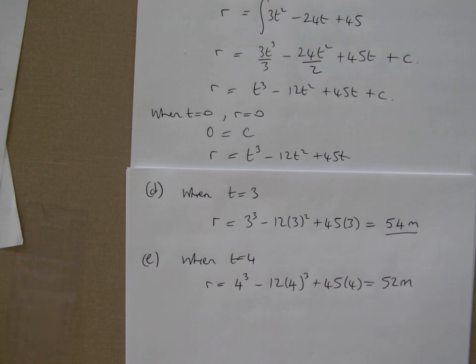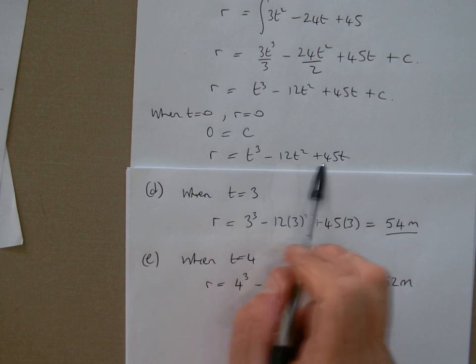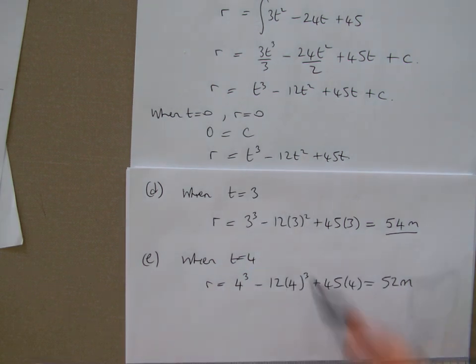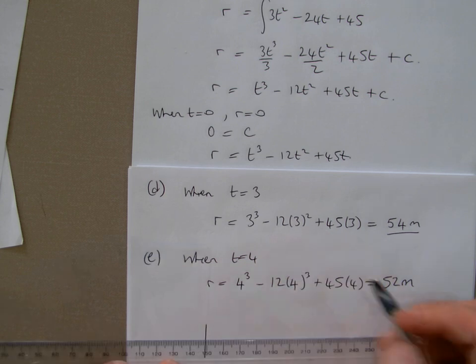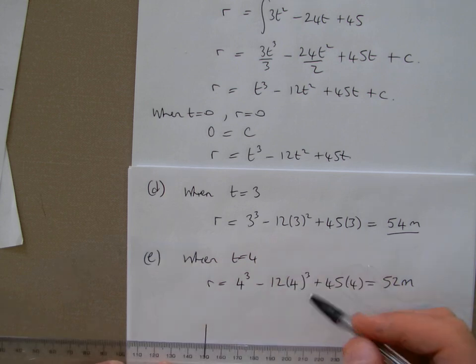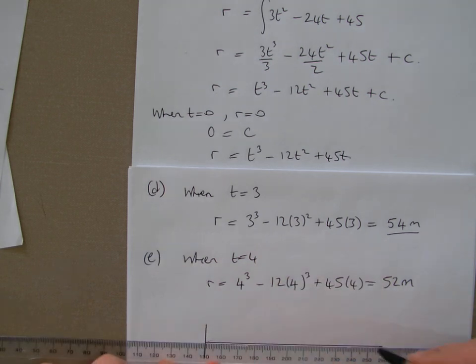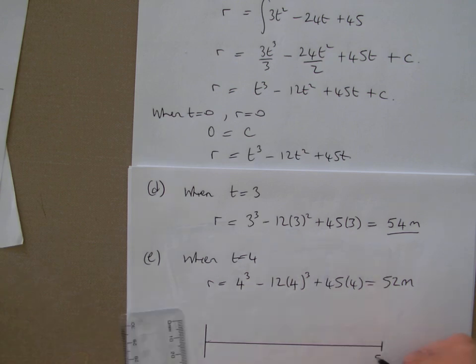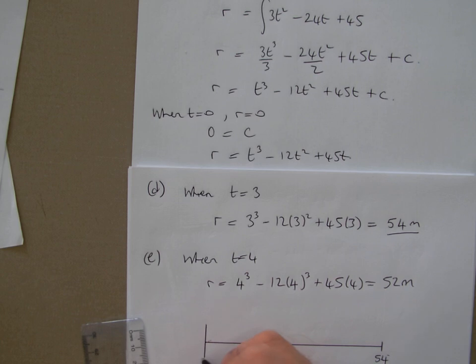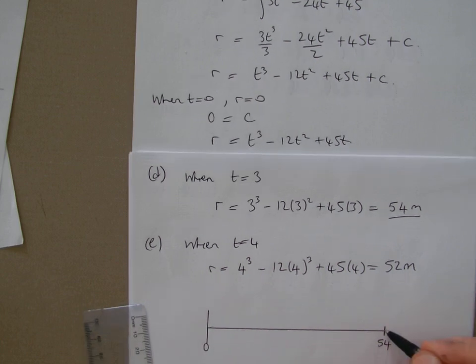However, we were told when t is 3, it came to a stop. And remember, this is representing displacement. Here's my origin. It's travelled 54 meters in the first 3 seconds, but it comes to an instantaneous stop.